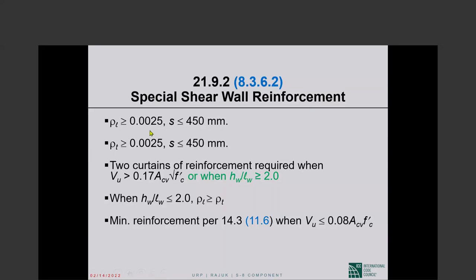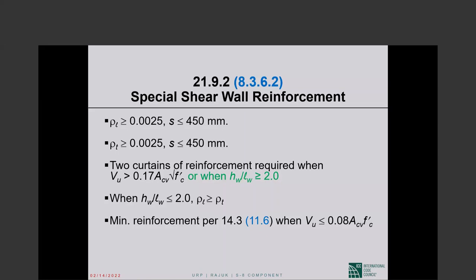The vertical shear reinforcement also shall not be any less than 1/4%, and the horizontal spacing of that reinforcement shall not exceed 18 inches. Typically, in a shear wall, the reinforcement needed for flexure and axial load, we typically concentrate near the ends. Not always, but most of the time we do, because we get more moment capacity out of the same reinforcement that way if they are close to the edges.